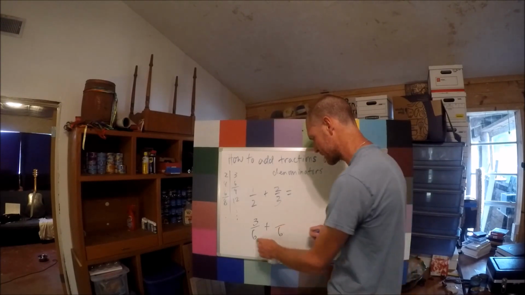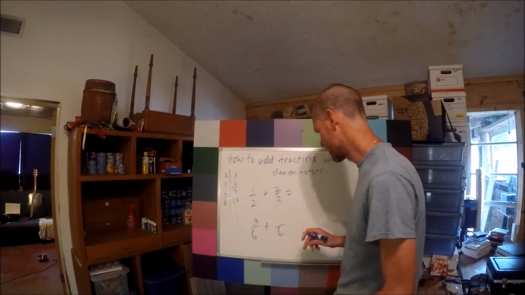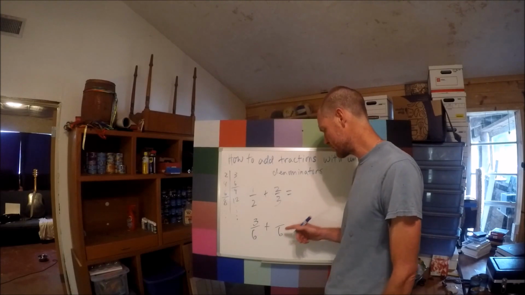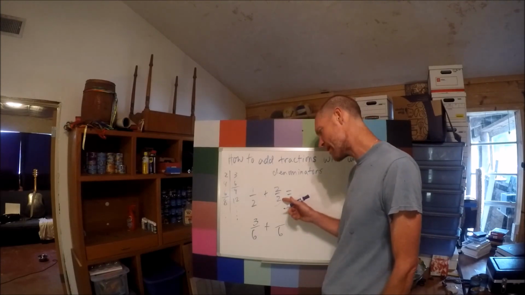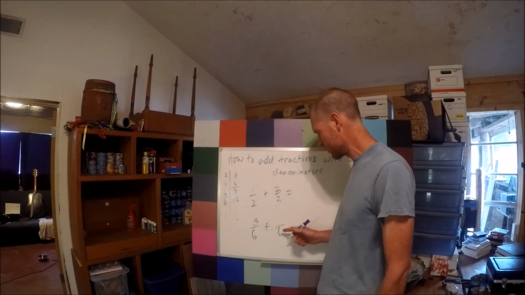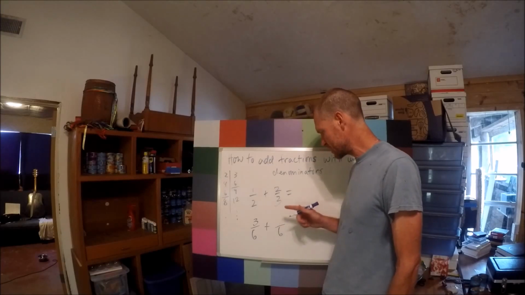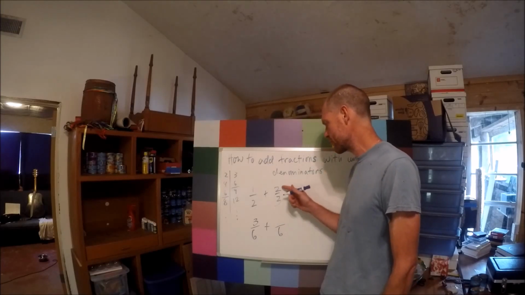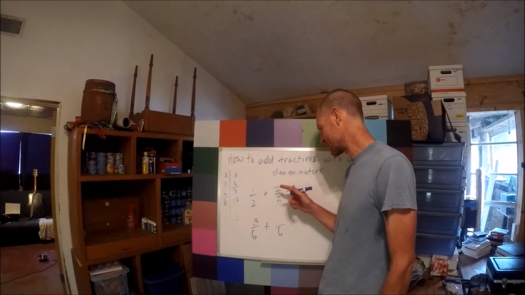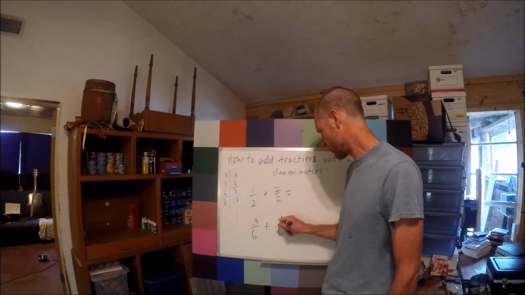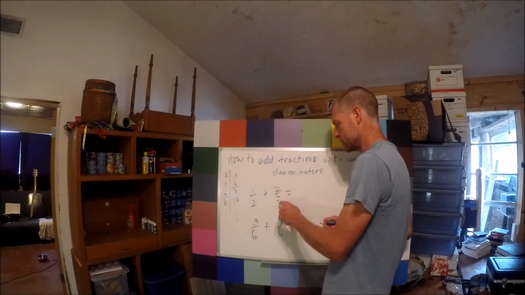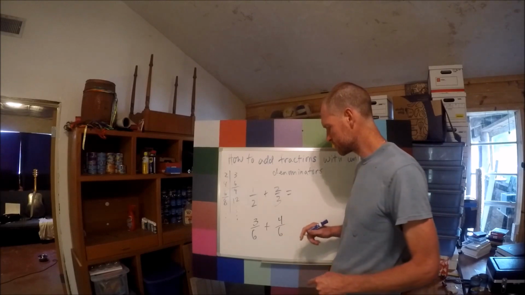Remember, I got to have a common denominator to add these fractions. Common denominator is going to be 6 because I multiplied 3 by 2. So if I multiply 3 by 2 to get 6, then I multiply 2 by the same thing. 2 times 2 is 4. So 2/3 is the same as 4/6.